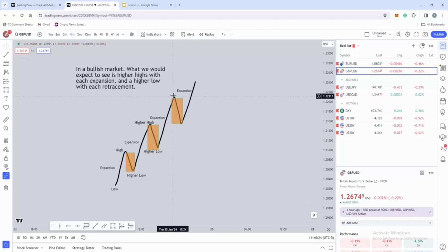So would this be a higher high or a higher low? I hope you guys said higher high. And this, would it be a lower low or a higher low? It'd be a higher low, because the low is simply higher than the previous low. So let me just put that in words.